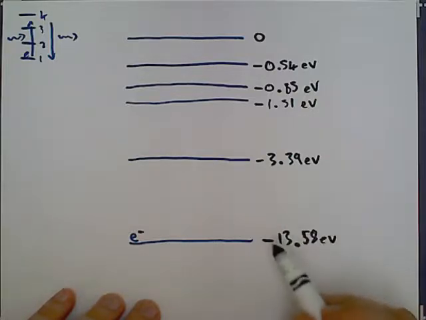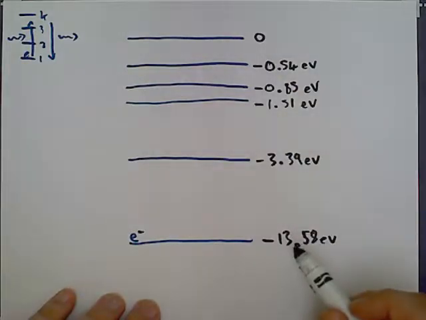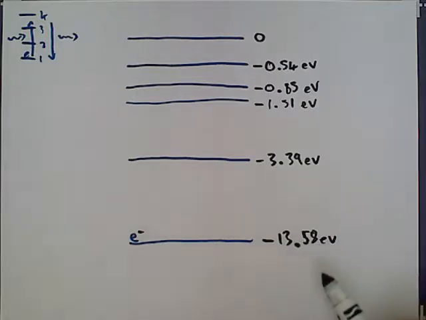It's like a potential well. It's how much energy it would need to get to zero. So it needs 13.58 electron volts. That's a unit of energy, electron volts. If you're not sure what an electron volt is, please do go look back at some previous videos to find out more about that. But for all intents and purposes, it's a very small unit of energy.